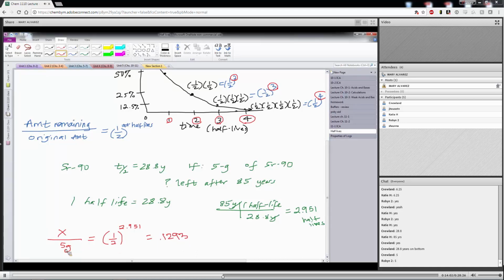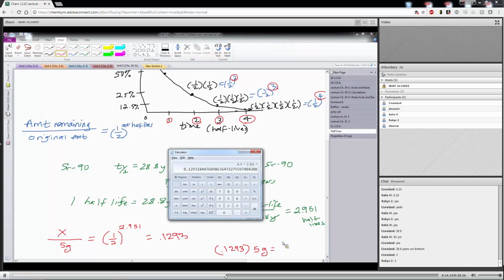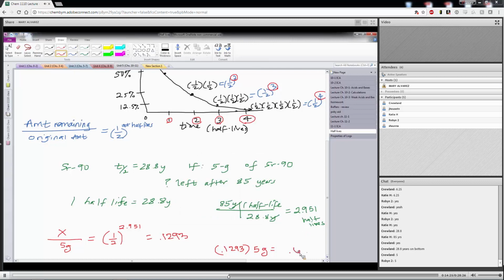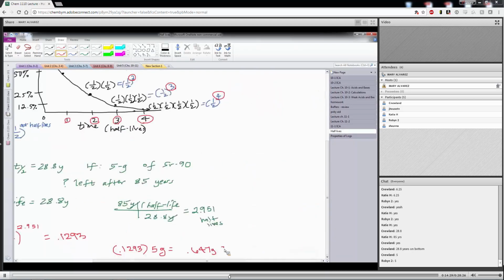And since I know that I originally had 5 grams, all I have to do is say, okay, well then 0.1293, which is the fraction that remains, multiplied by my original 5 grams, and multiplying that by 5, I will discover that 0.647 grams remains of strontium 90.